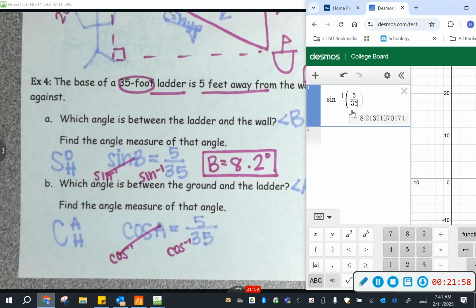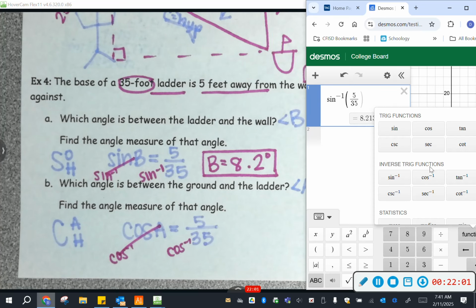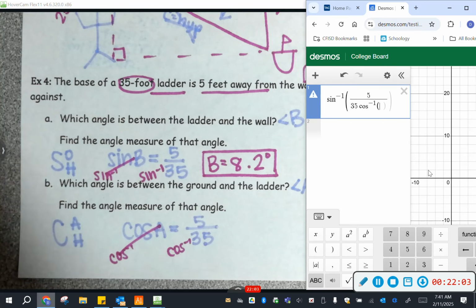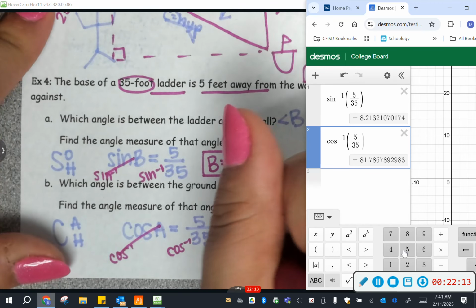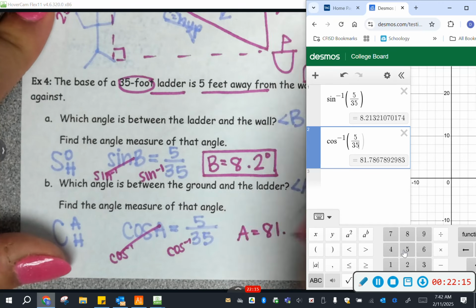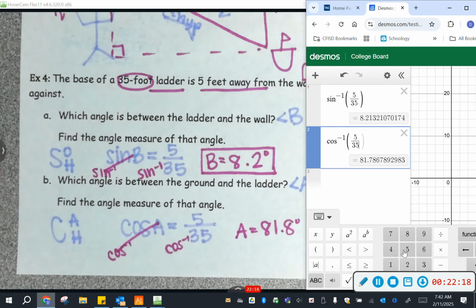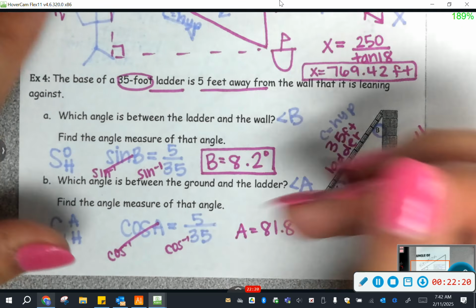So this time, instead of doing sine inverse, we're going to do cosine inverse. Don't do that all in one like I just did. 5/35 is 81.7, 81 point, I'm going to give it 8 because it rounds up. 81.8 degrees.